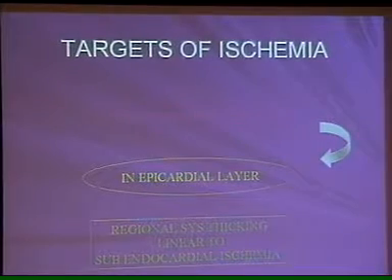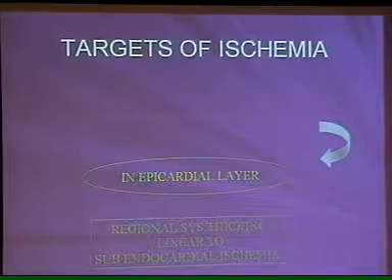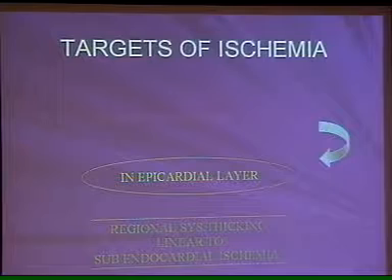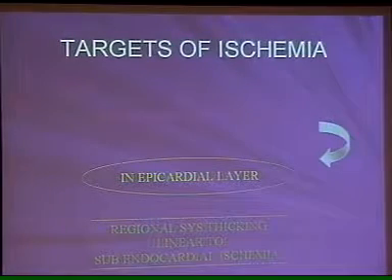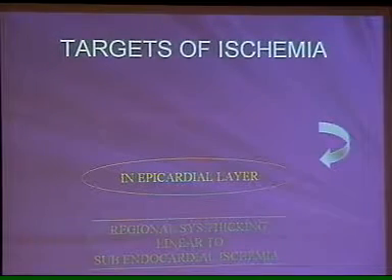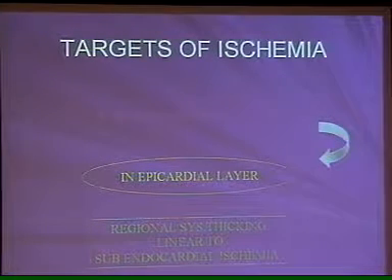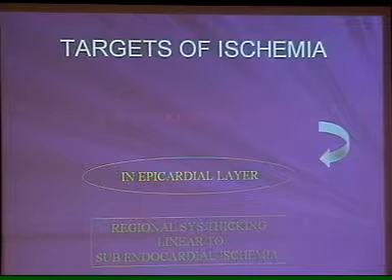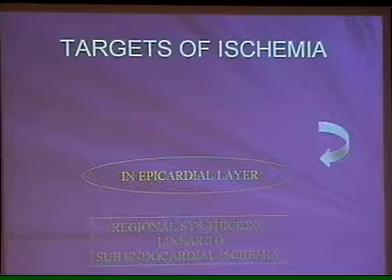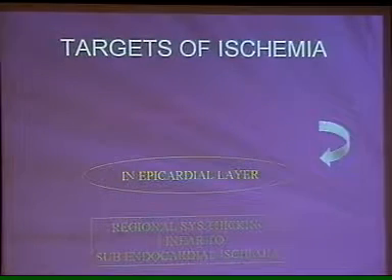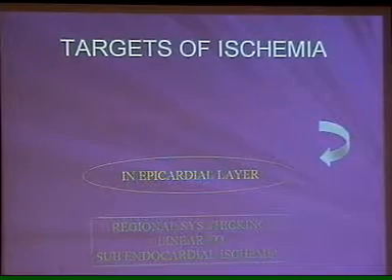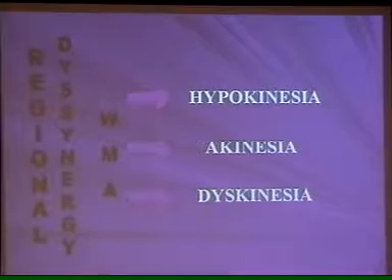Now, the target of ischemia is the subendocardial layer going to the epicardial layer. So regional systolic thickening is linked to subendocardial ischemia. The ischemia starts from the subendocardial layer extending to the epicardial region. So even if the epicardium is not involved, you can still pick up on echo the changes of ischemia.